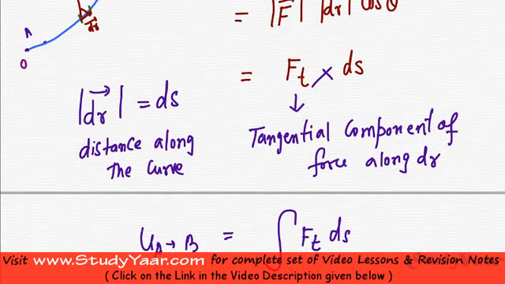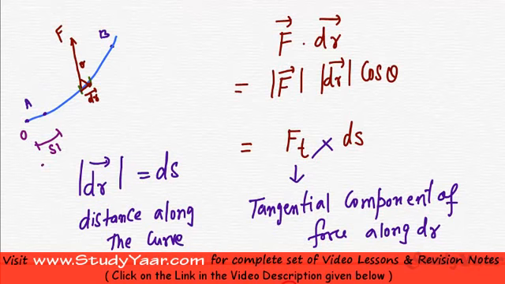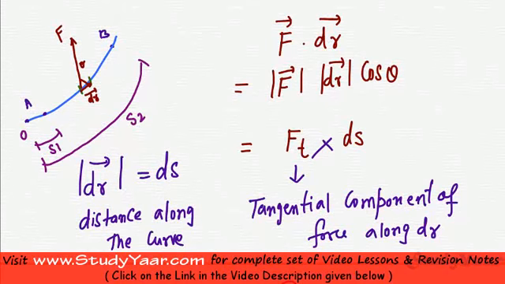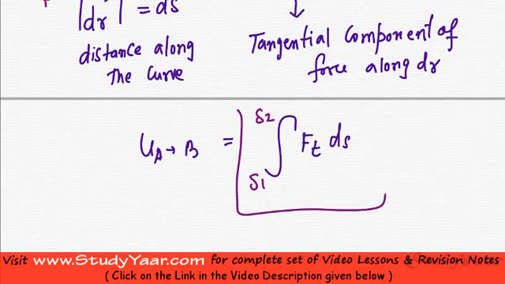It is this distance. Let us say this is S1, and the distance from origin to B along the curve is S2. Then my limits of integration are from S1 to S2. This is the work done by a variable force.